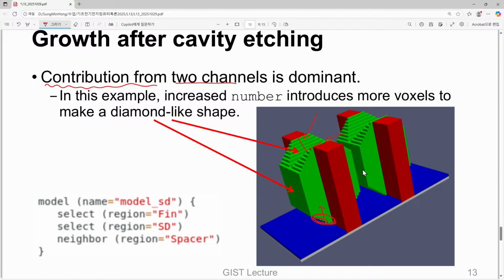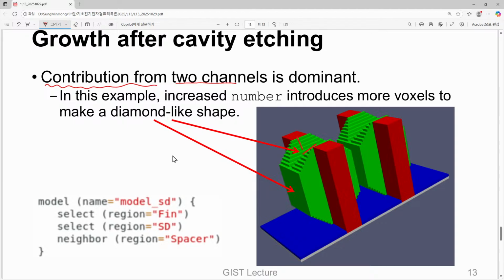So now we can find that, yes, here we have a certain change in its shape. Is it really true? Yes, actually, this shape was really observed in some literature.